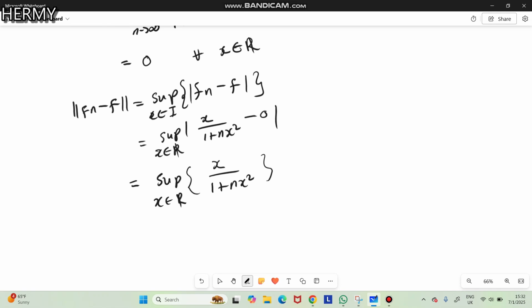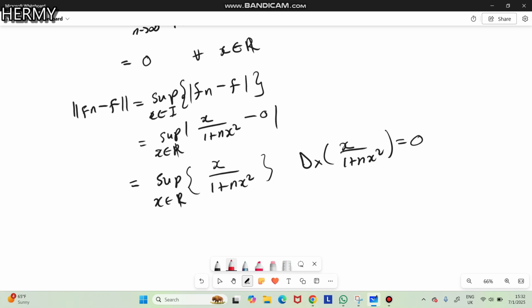Since we have a numerator and a denominator, and the denominator is higher than the numerator, you just have to find the derivative of this equation. So the derivative of x over 1 plus nx squared equals 0. To find the derivative, we use the quotient rule.